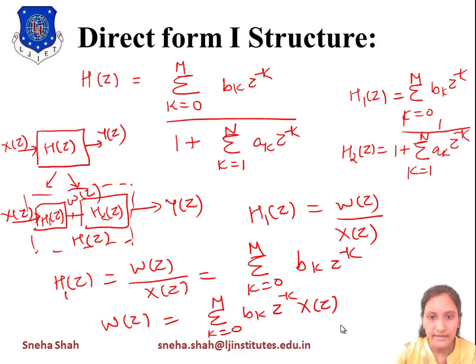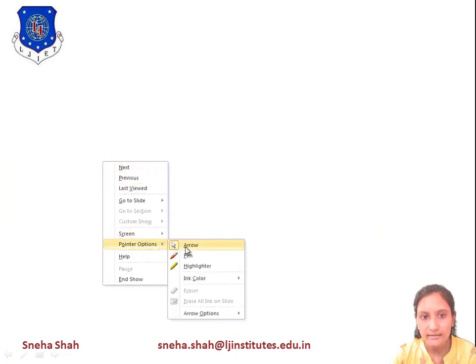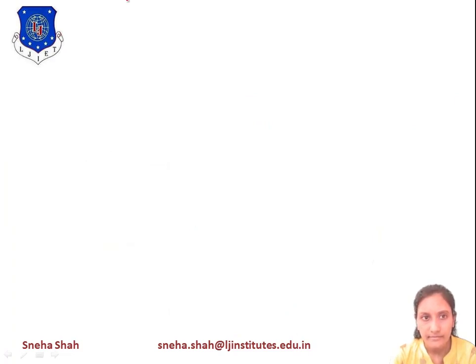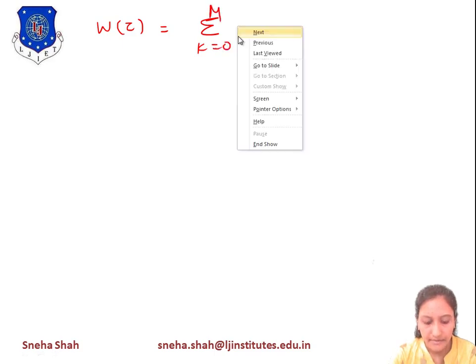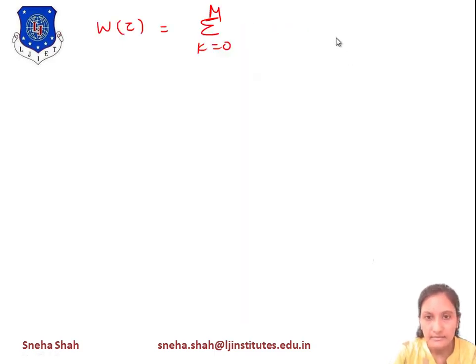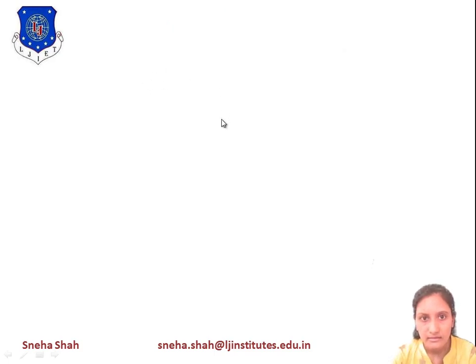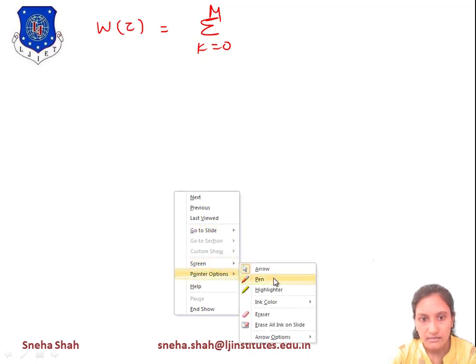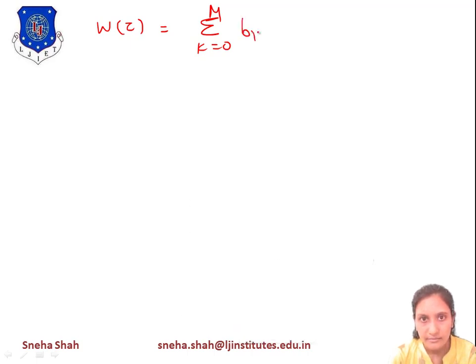we will simplify this last term. So it gives the output like W of z equals summation k equals 0 to M b_k z raised to minus k X of z, right?